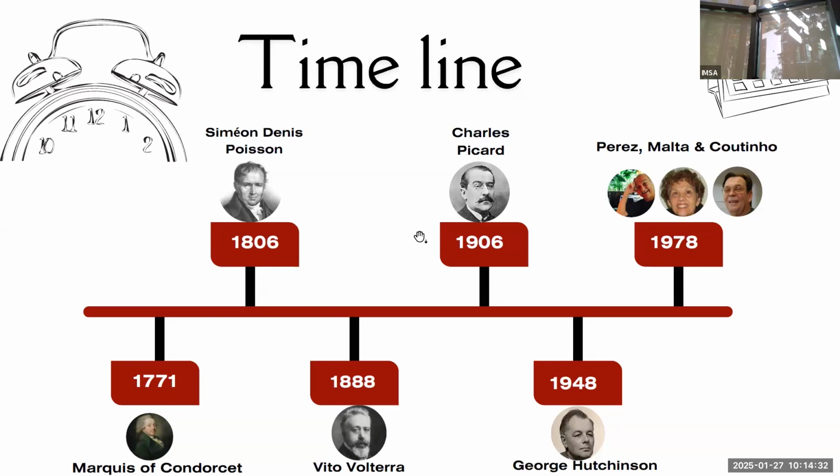Then later we have Poisson, who also worked with delay differential equations, but again, not directly. He was working with other types of equations, and then he achieved the delay differential equation, and again started some new techniques for this type of equation. But then Vito Volterra was one of the first to bring the importance of considering a model described by delay differential equations.